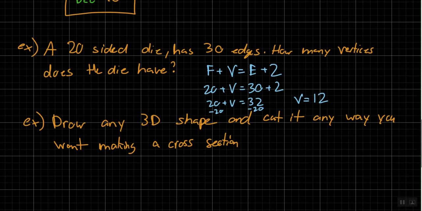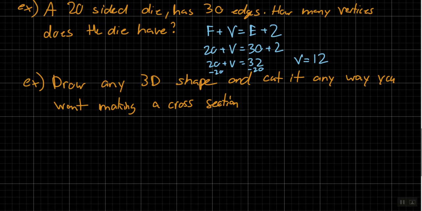You took a shape and you made cross sections. A lot of you guys took cubes and you made cross sections. When I cut this, let's say perpendicular to the base. I need a different color. So set a cube in your notebooks. If I take like a piece of paper, and I'm gonna cut it like so.